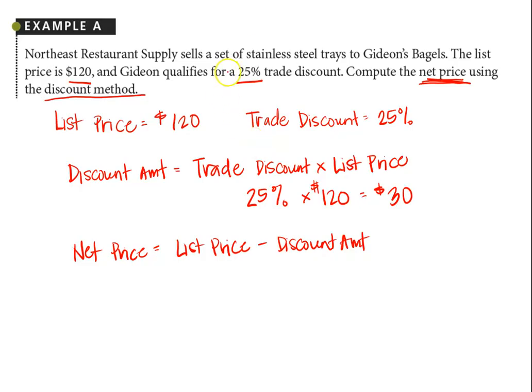Our list price was given to us, that was $120, and the discount amount is $30. So this tells me that the net price is $90. So $90 is what Gideon's Bagels is going to pay Northeast Restaurant Supply for that set of stainless steel trays after their discount.